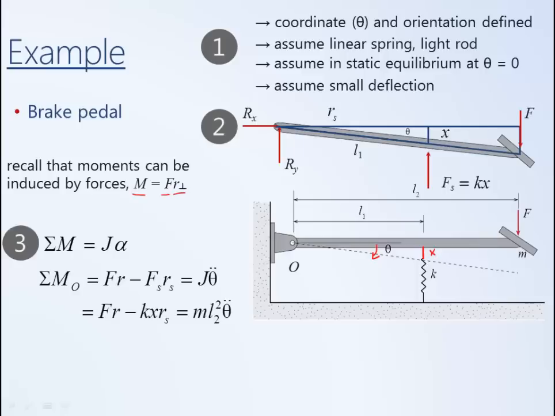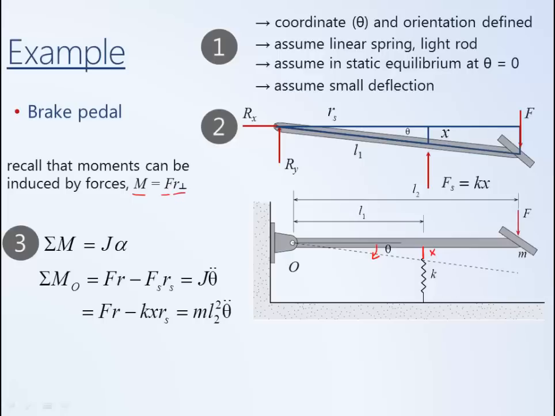Looking at this differential equation, it's in terms of several variables. The moment arms change with time, the deformation of the spring x changes with time, the angle theta changes with time. But what we would like to do is express the differential equation in terms of a single variable.